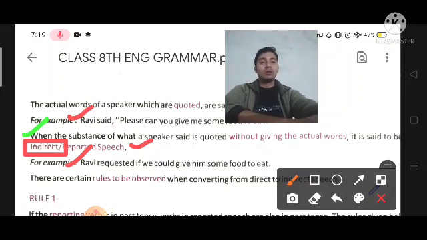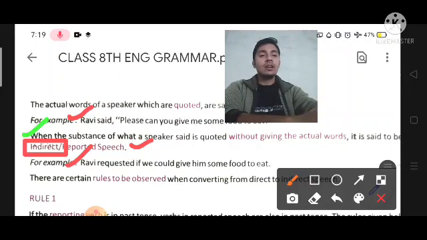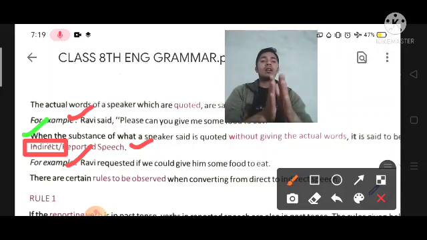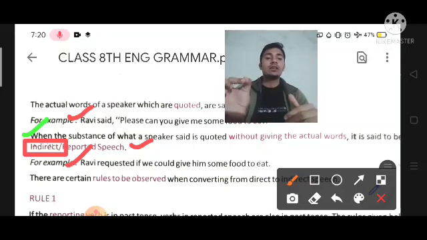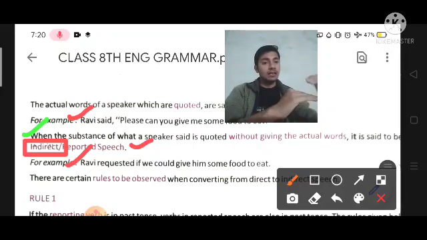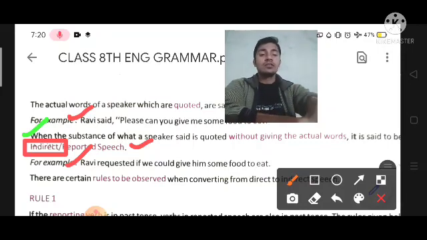Okay, so I hope you have understood this, and after that we will learn that there are some rules and regulations for changing from direct speech to indirect speech. This is very important, because all the sentences that you study in tenses are direct speech, said by the speaker.